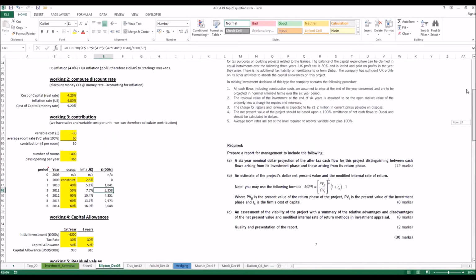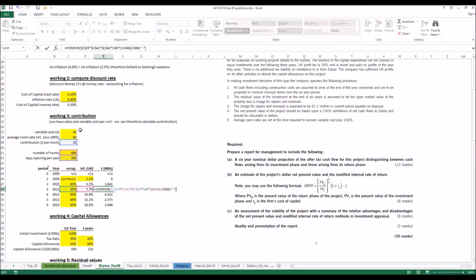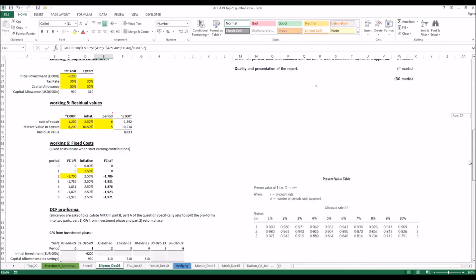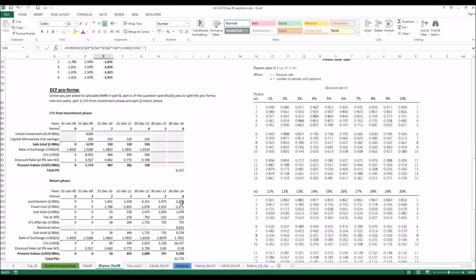If you can remember, the calculation was based on the variable costs, the average room rate, £30 profit times 400 rooms, 365 days, and also given the occupancy rates year on year that were given, 50, 90, 60%, and the adjusted inflation, the compounded inflation. So these contributions form the cash flows in the return phase.